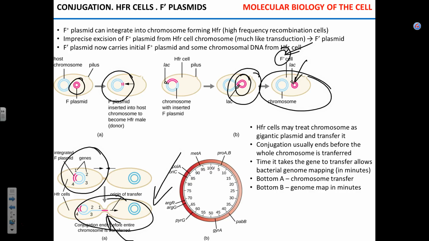And the origin of transfer, the part of the chromosome that gets transferred first, is always the same. So you can map the position of the genes based on how many genes got transferred during a certain period of time. Does that make sense?